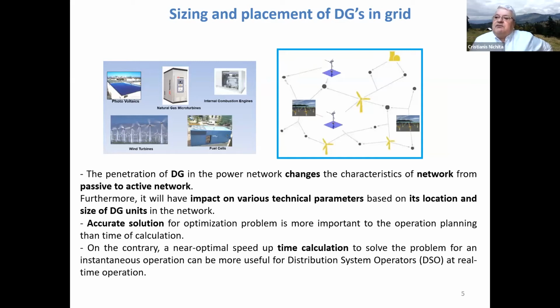The improper placement of DG, for example, could increase the real power losses in the distribution system. This is the old problem, and it arrived in the last years, which is why we try to find some optimization methods for size and placement of DGs in the grid.